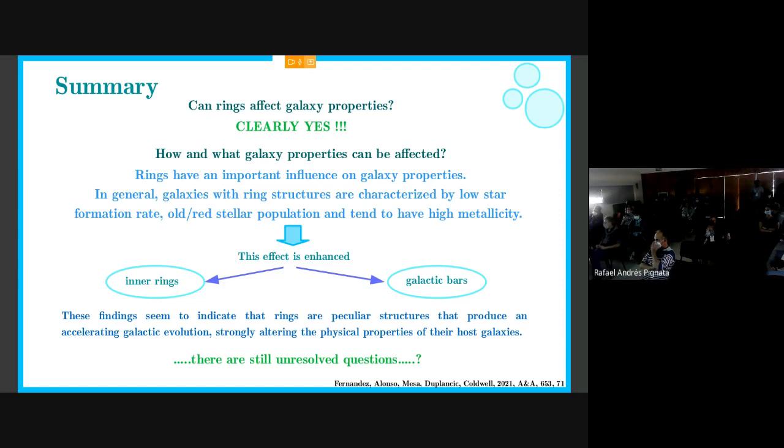We have knowledge about different aspects of ringy galaxies, but there are still unresolved questions, such as the effect of ring structure on nuclear activity, the effect of rings in different environments, and so on. If you want to see more detail about this work, you can read our paper.